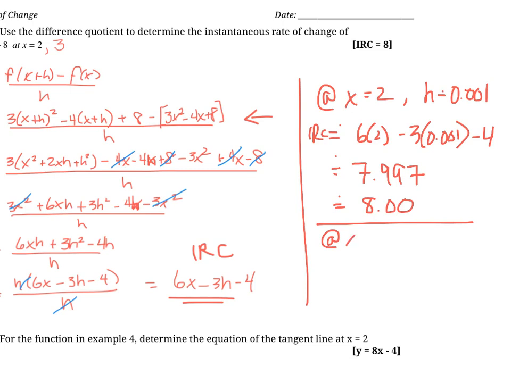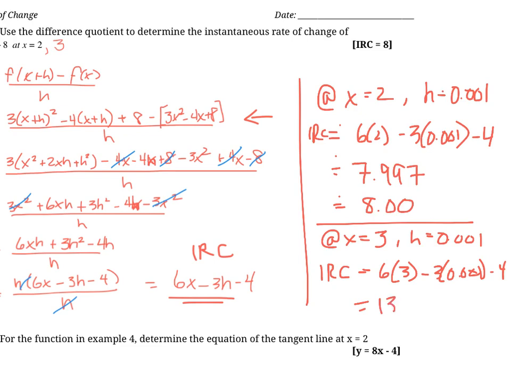And at x equals 3, we'll use h as 0.001 again. We have the IRC is equal to 6 times 3 minus 3 times 0.001 minus 4. It's a little bit messy there, but what we get is 13.997, which is approximately equal to 14.00.